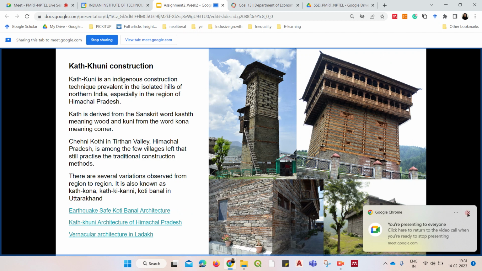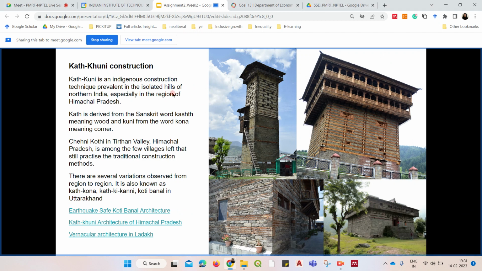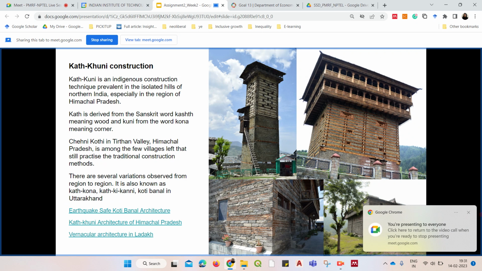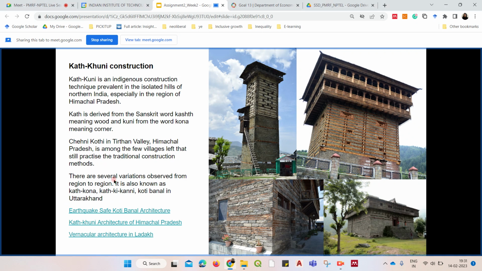So one example of Himalayan vernacular architecture is Katkuni construction. Yes, okay, Arvind, so good that you are here. So one example is the Katkuni construction. Katkuni construction technique comes from the region of Himachal Pradesh.